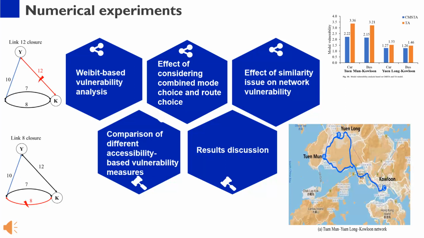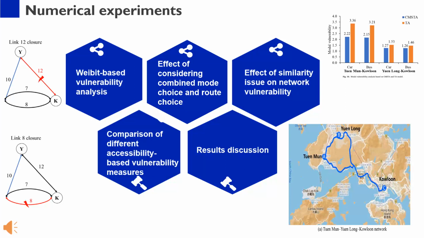Secondly, to show the effect of considering both mode and route choices in the vulnerability analysis, this section compares the vulnerability assessment outcomes from the proposed NW-PSW STA model and the PSW traffic assignment model in Scenario 2. The closure of link 8 influences the car and bus modes between OD pairs TK and YK.